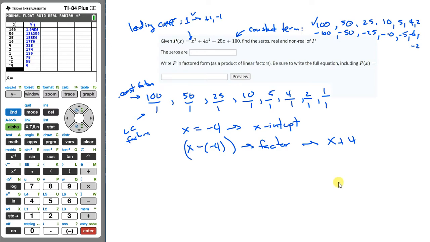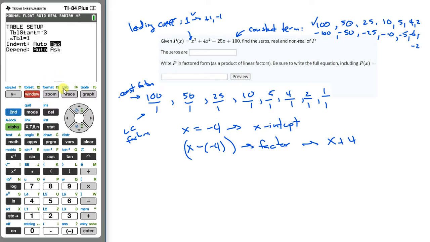Now, is there another way to do this? If you don't like this sort of methodology where you plug everything in, another way, if it turns out that the x-intercept is a whole number, is to go to table set and keep your table on automatic and make your table start at 0 and make your delta table 1.